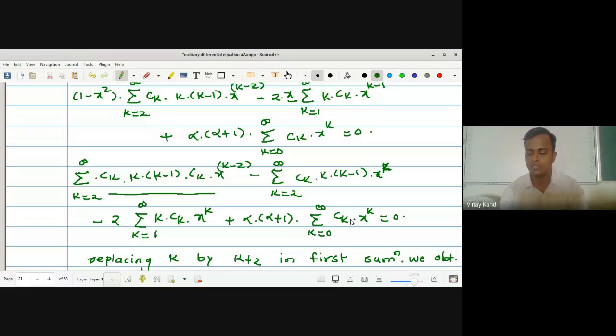Replacing k by k plus 2. Okay, k plus 2.